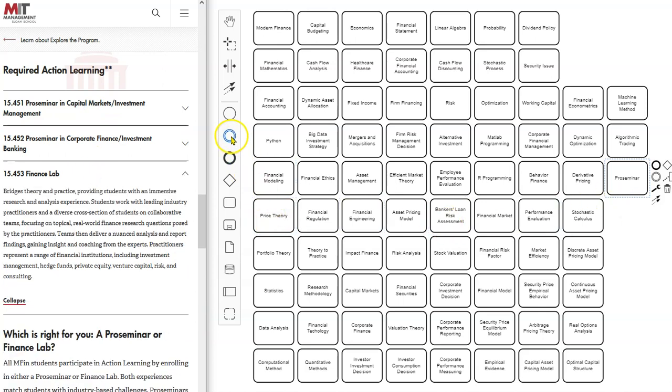Right, so I will write down finance lab. And in this case, immersive research, analysis experience, practitioners, collaborative teams, real-world research, analysis, reports, coaching.